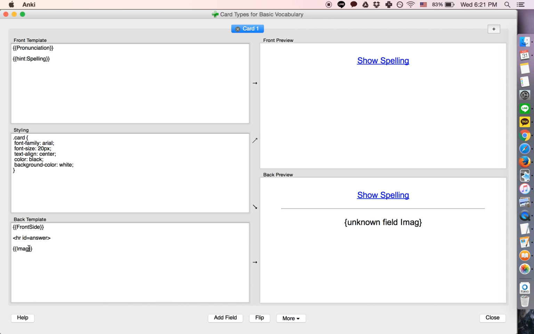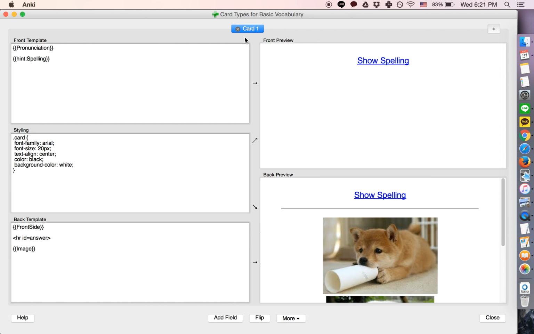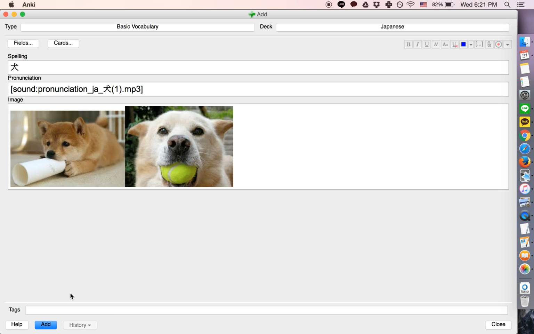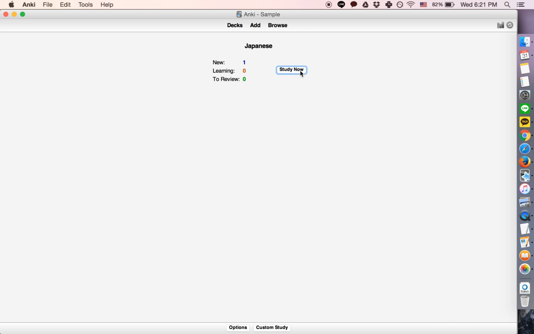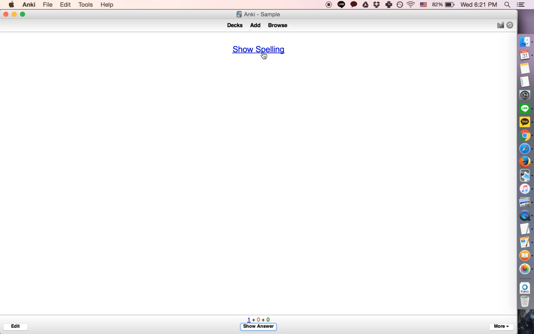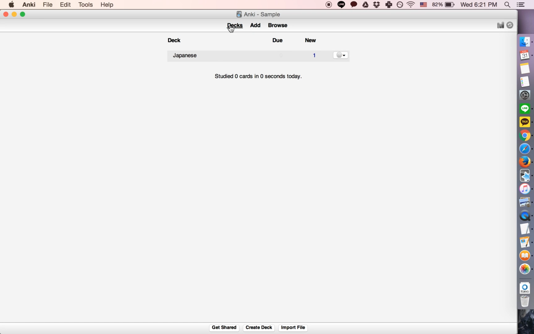And on the back is the image, so we'll see these images, and that's all we need because we're just trying to recognize pronunciation in order to learn vocabulary. So add this card, and the way it'll look, Inu, is like that. You'll hear the word. If you want to click this, you can see it, and then you see the back, and that's it.